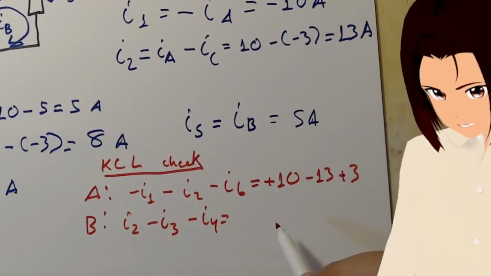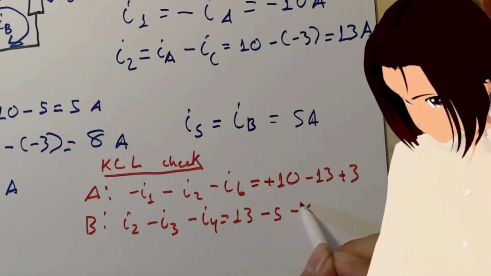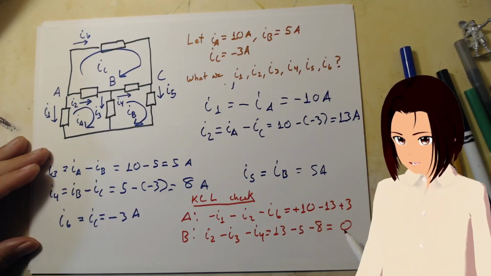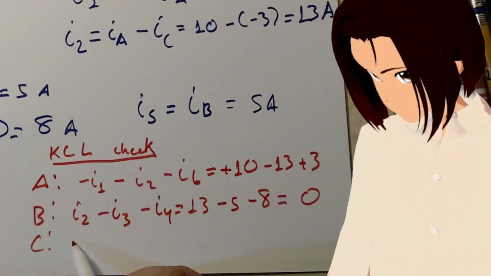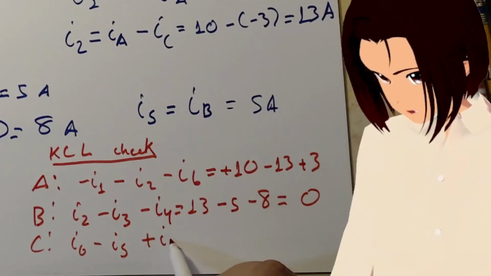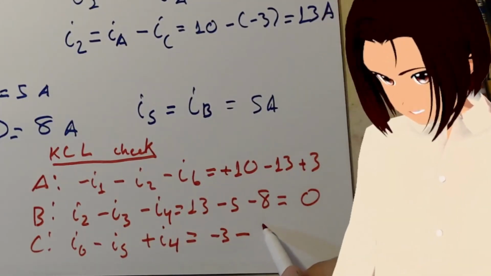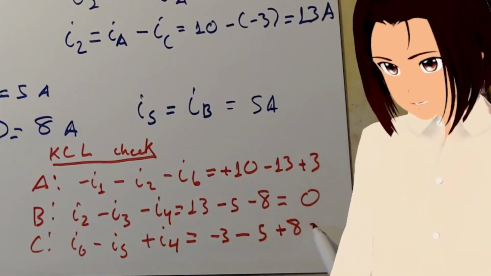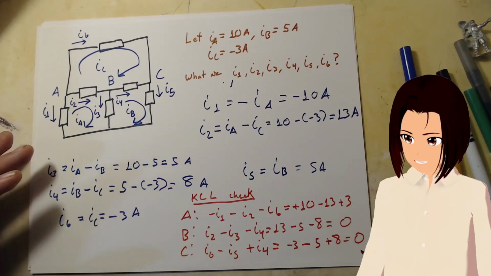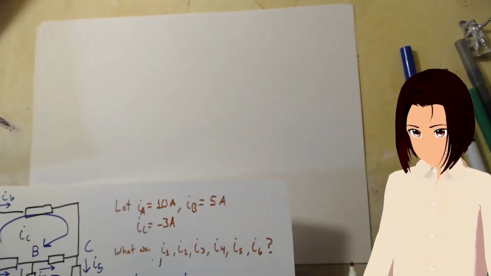That's 13 minus 5 minus 8, and that is 0. B checks out. For C, I6 going in, I5 going out, I4 going in. That's just negative 3 minus 5 plus 8, and that is also 0. All of this checks out. KCL checks out, so this is all real. This makes sense.